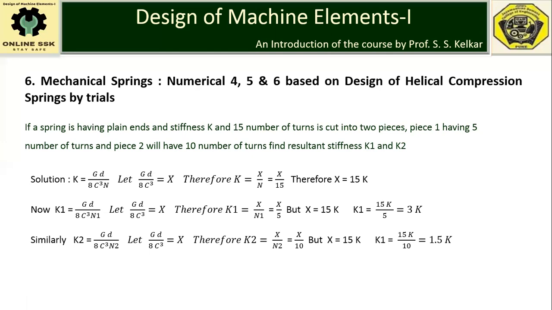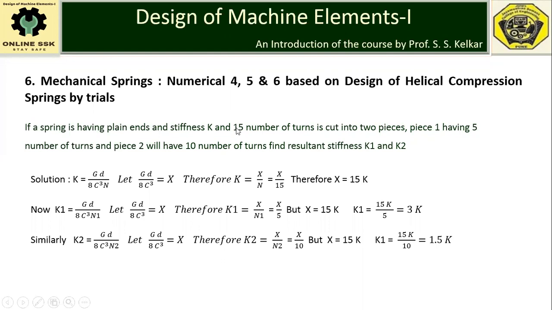That means if we reduce the number of turns, the stiffness increases. Originally the stiffness was K when the number of turns was 15.